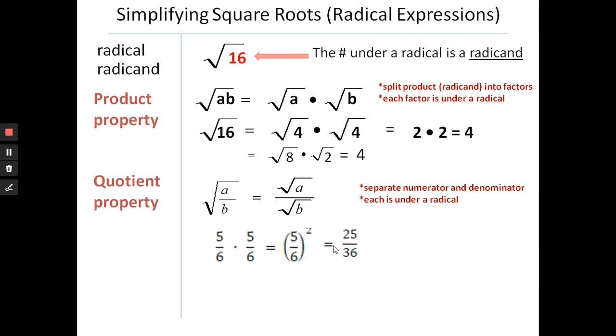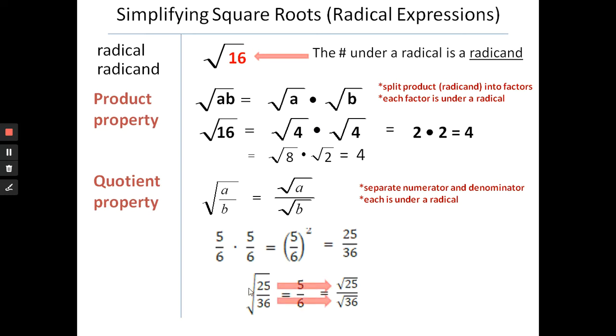So if we take the square root of 25/36, then we know it equals 5/6, because we squared 5/6 to get 25/36. To go backwards and take the square root, that's what we would get. And in 5/6, 5 is the square root of 25, and 6 is the square root of 36. So that's how that would work.